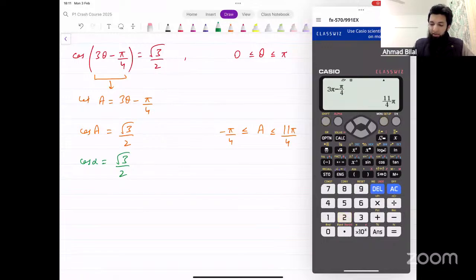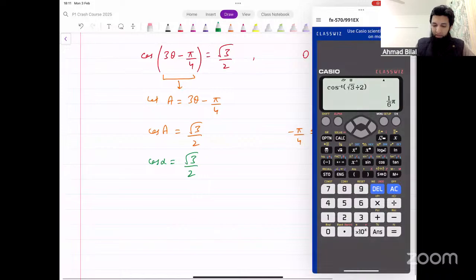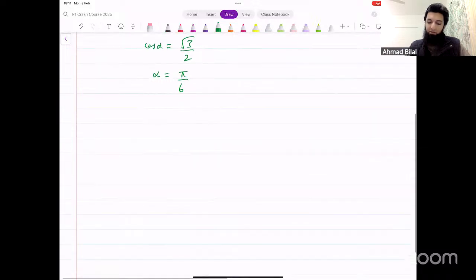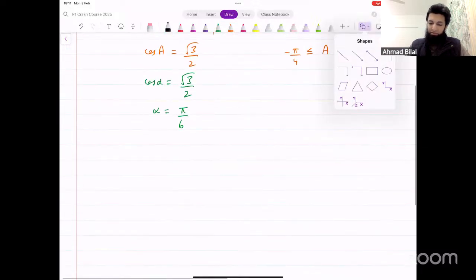So you say cos inverse of square root of 3 over 2. That gives you pi over 6, so alpha equals pi over 6. In degrees, that is equivalent to 30 degrees, but we have to solve it in radians. So the basic angle is pi over 6.